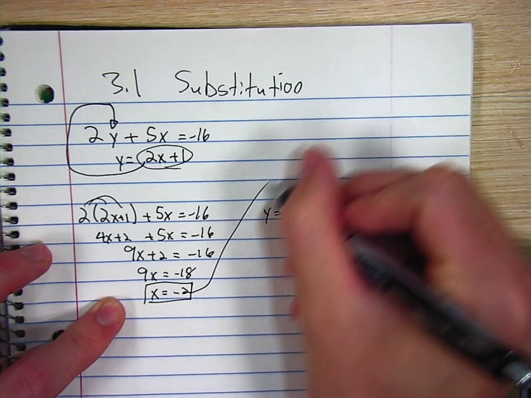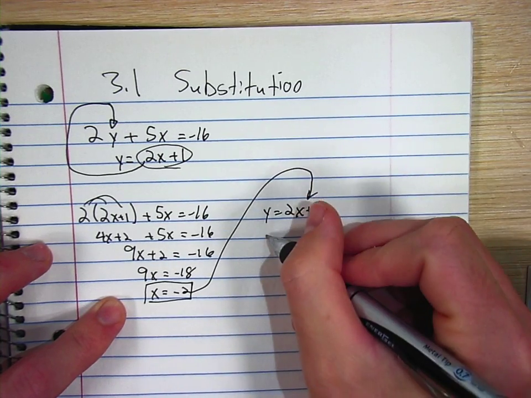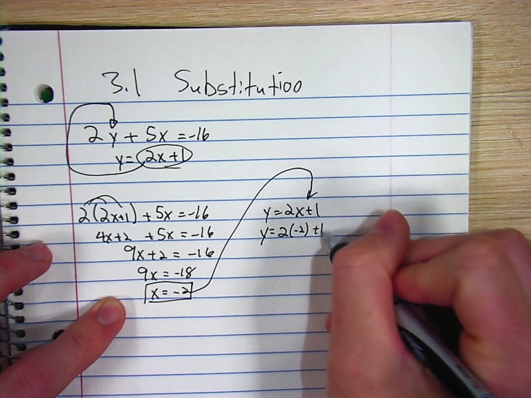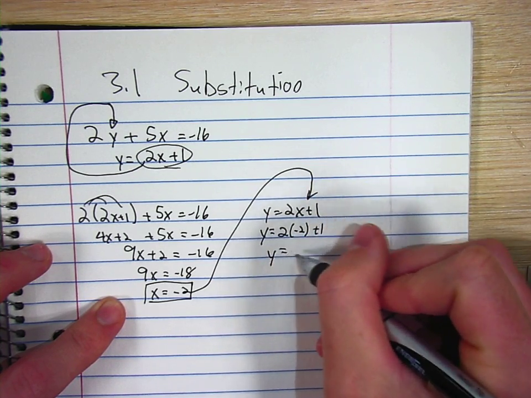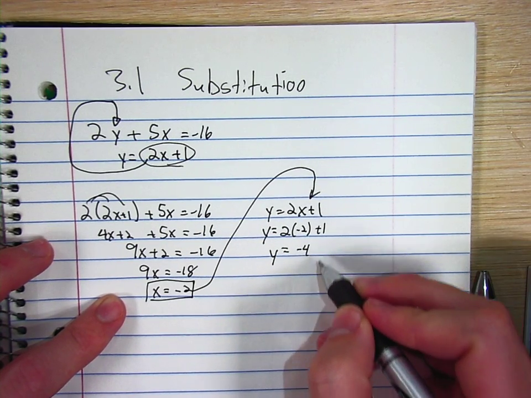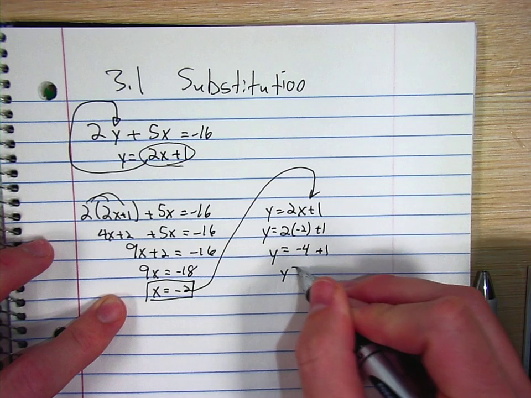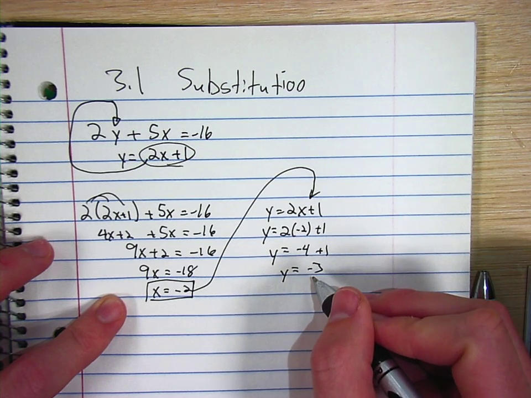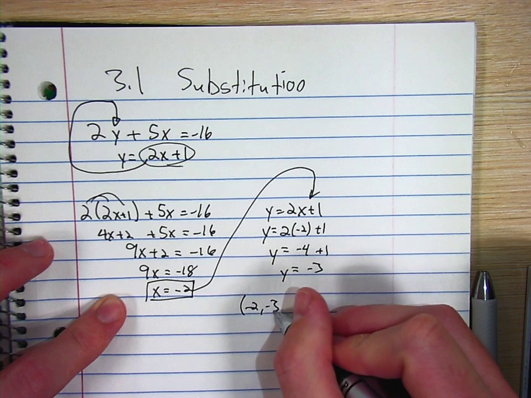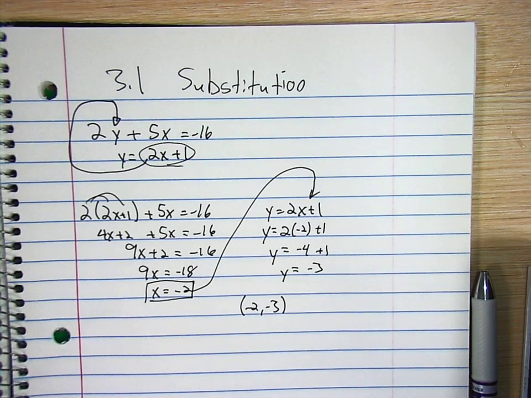So I'm going to put that x, negative 2, in for x up here. So we'll get negative 4 plus 1. y will equal negative 3. And our final answer there should be negative 2, comma, negative 3.